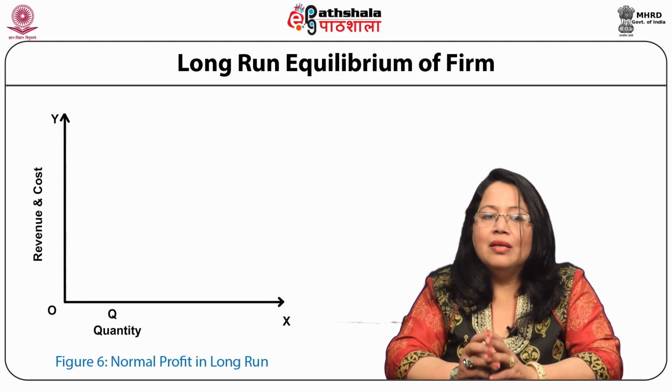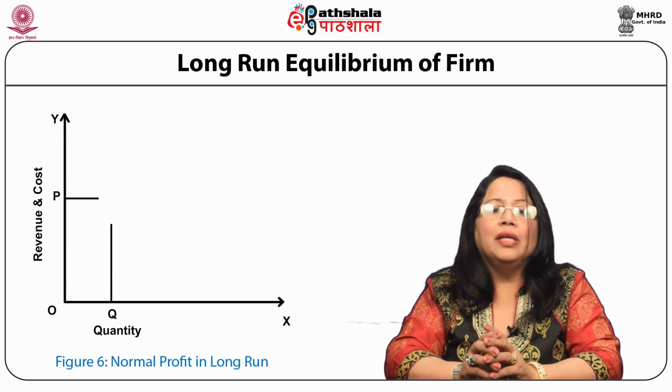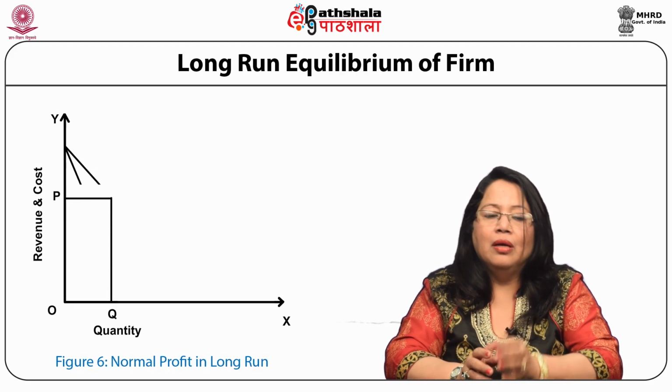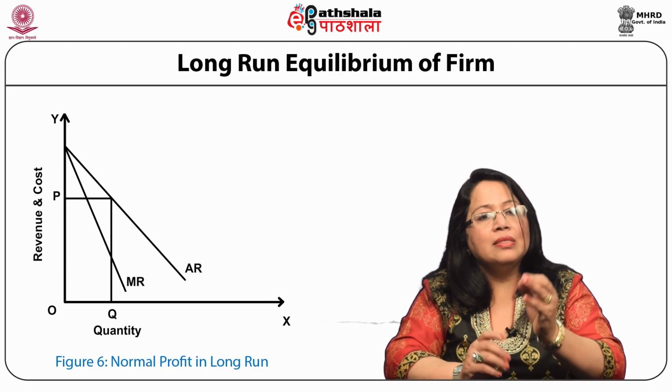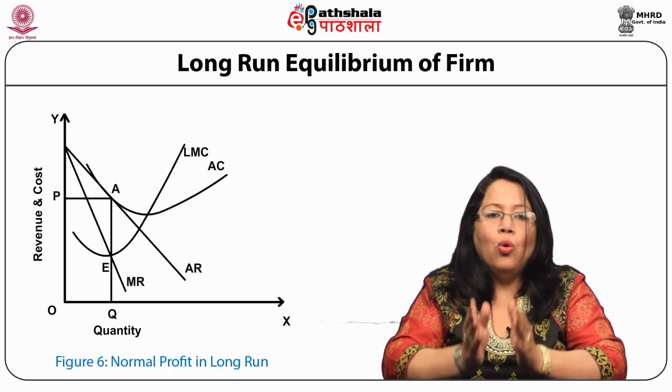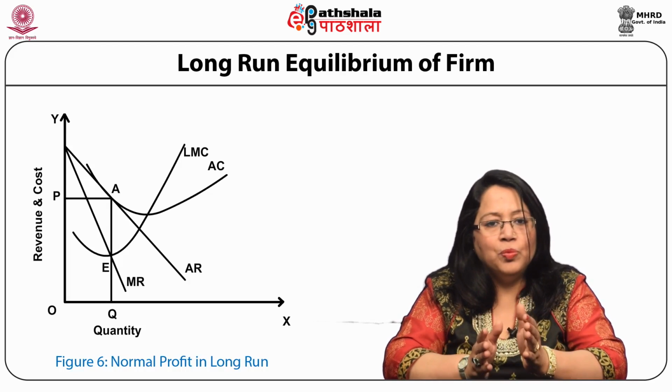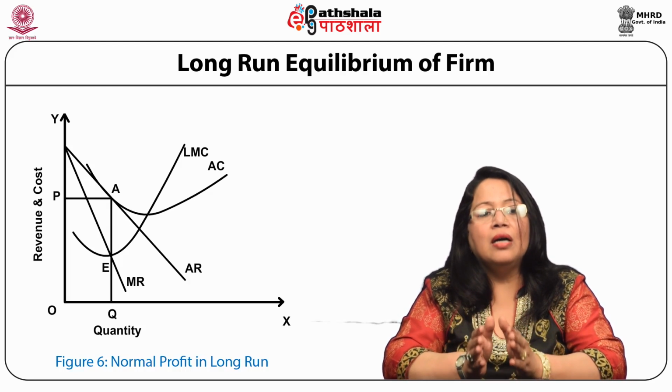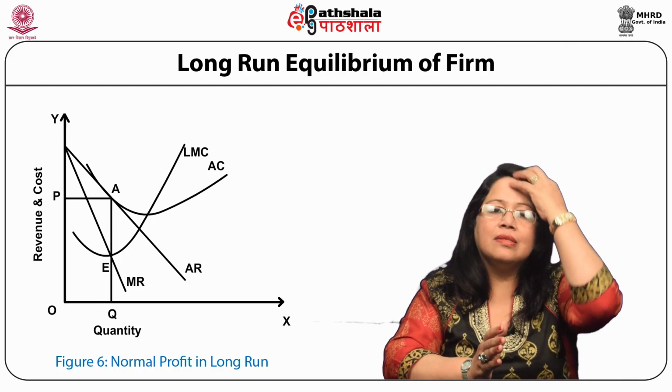Figure 6 depicts the long run equilibrium of a firm. Here, equilibrium is at point E. The firm is producing OQ level of output and will charge OP price.